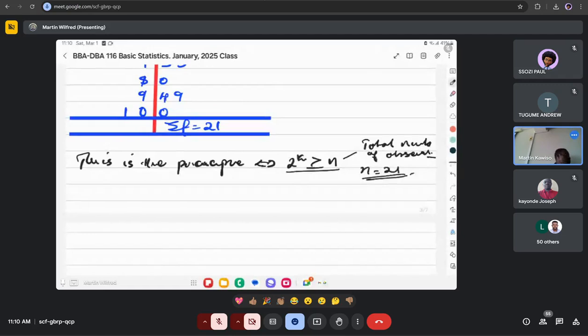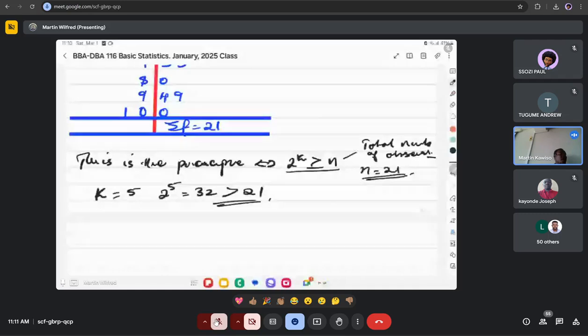So if we have 2 to the power 1, 2 to the power 2, 2 to the power 3, 2 to the power 4, 2 to the power 5, 32. So if k is 5, 2 to the power 5 is 32. 32 is greater than 21, so 5 can be our k.